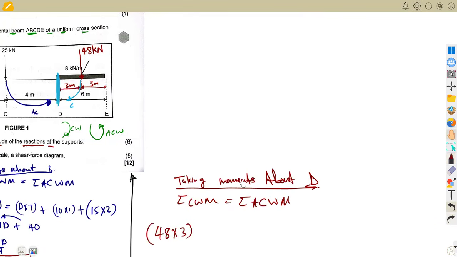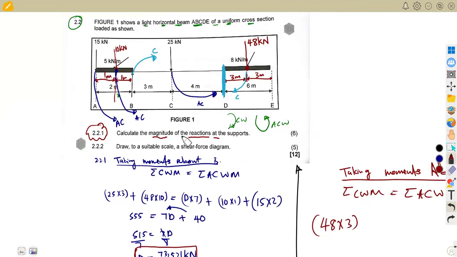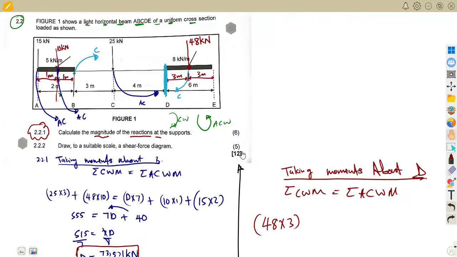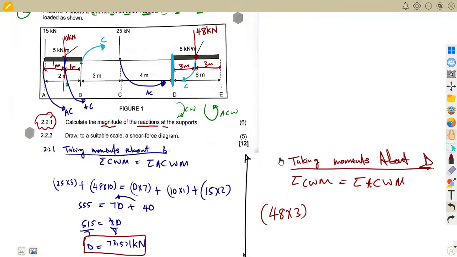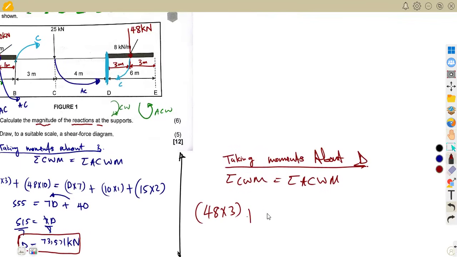All right, we still have another clockwise moment, which is from the B, considering the B as it moves back to the point D. What is the difference between these 2 points? As we can see here, there is a 7. 3 plus 4, which is 7 meters. So that's B times 7. All right, that's B times 7. So this is going to be B times 7.